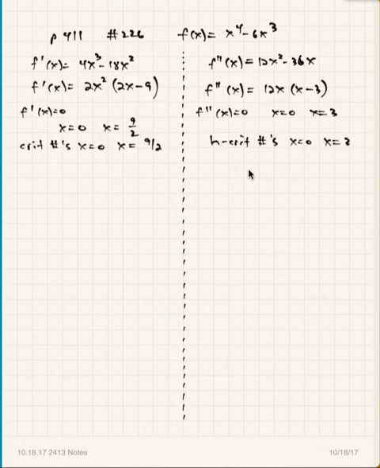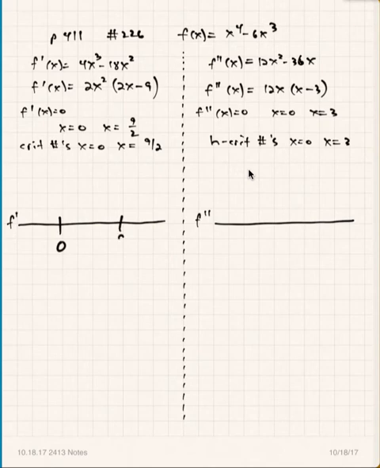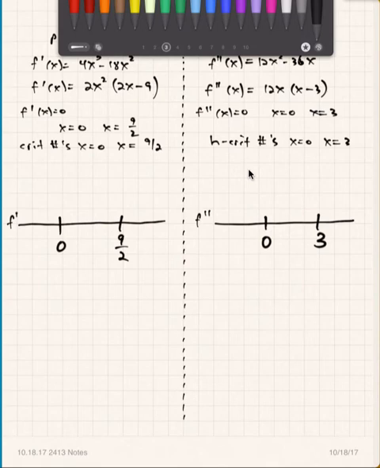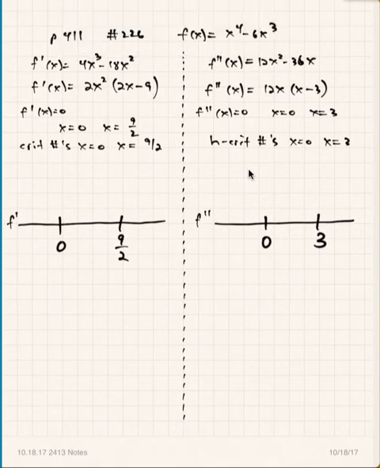All right, so we're going to analyze the signs of the derivative here and the second derivative here. We put the critical numbers on my number line, so that's 0 and 9/2. And we put the hypercritical numbers on this number line, that'd be 0 and 3. Then you're going to pick test values in each of those intervals. Any number in these intervals works.